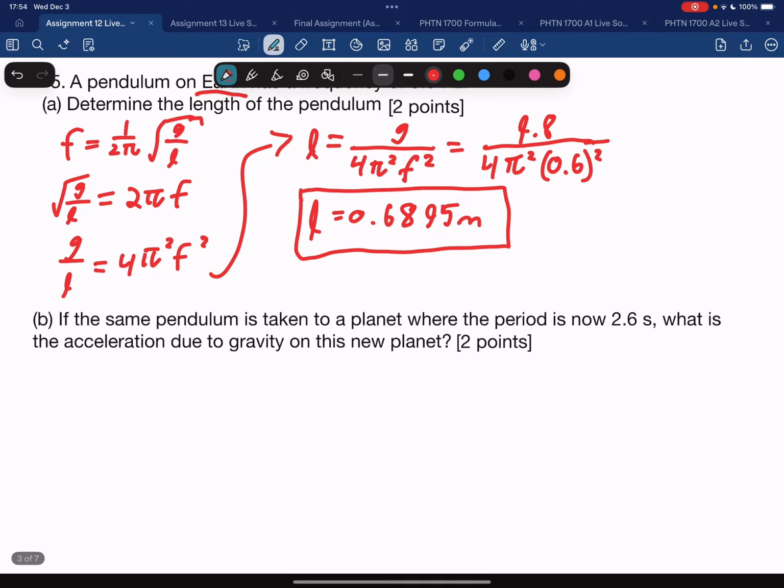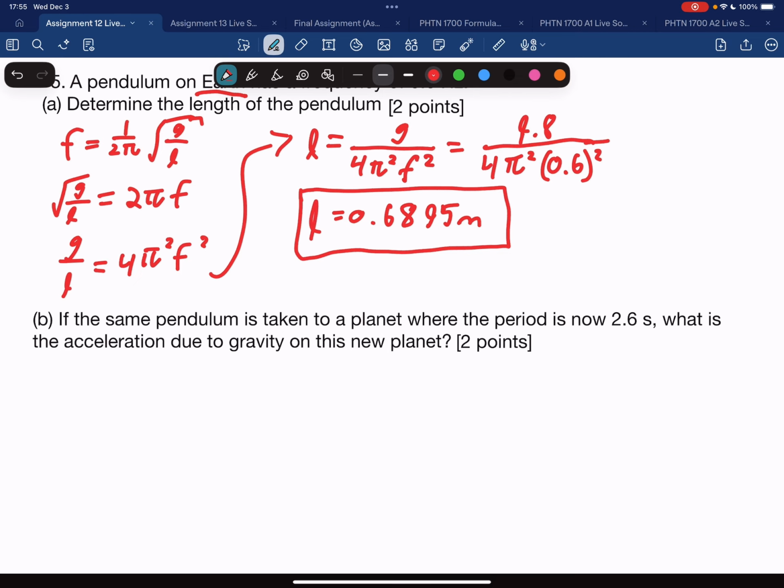B, if the same pendulum is taken to a planet where the period is now 2.6 seconds, what is the acceleration due to gravity on this new planet? So, I'm going to go ahead and use a very similar equation here.